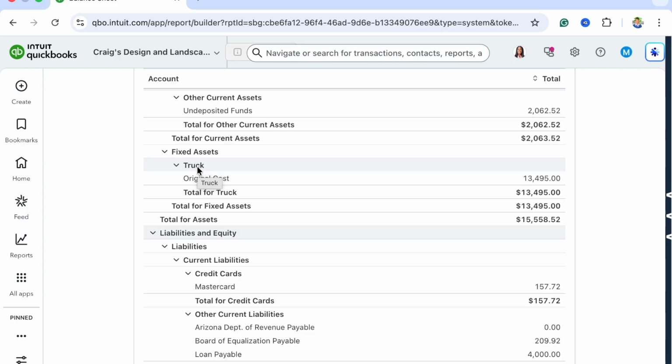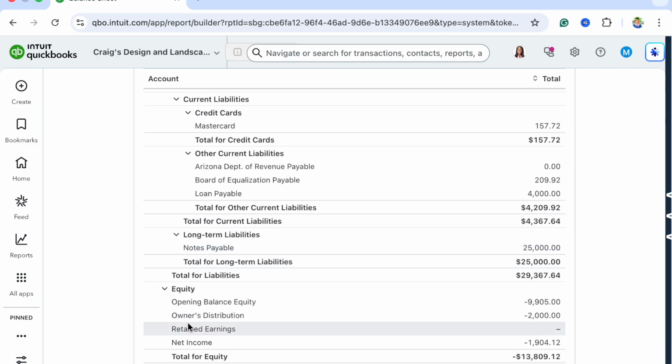So owner's draw should never be up here. So you want to make sure that whenever you're creating your accounts that you put them in the right account type that it's supposed to be in. And if you have any questions, definitely put a comment under the video about any specific accounts that you want to create and you're not sure.